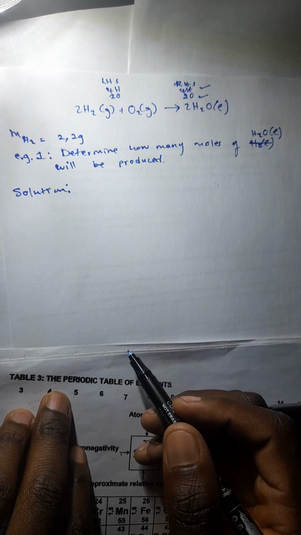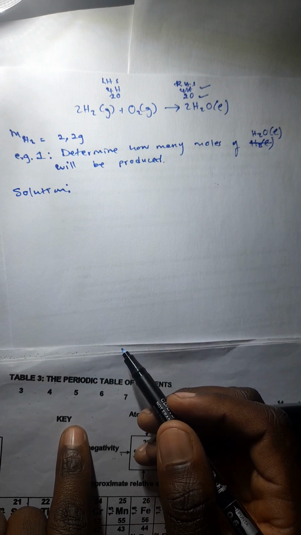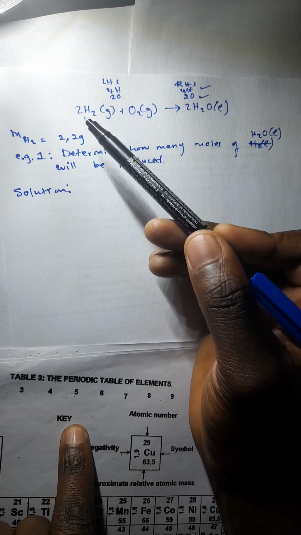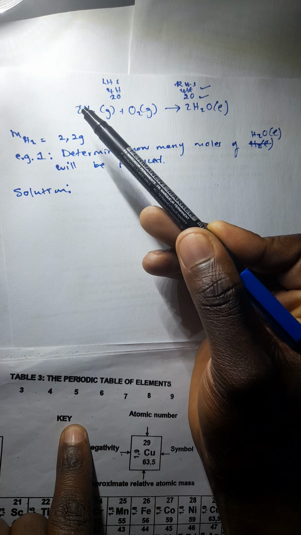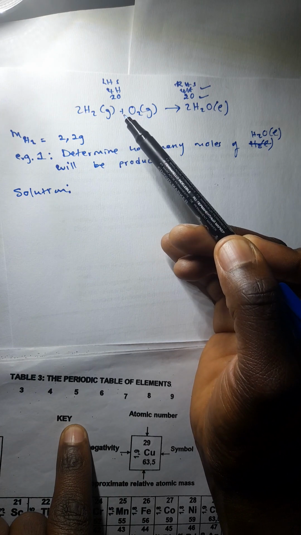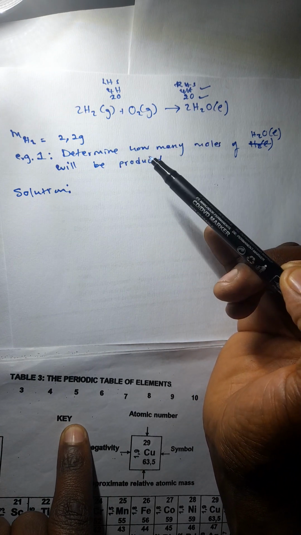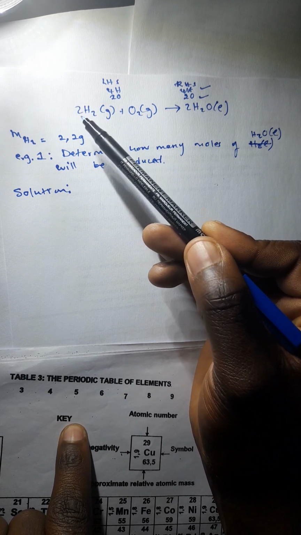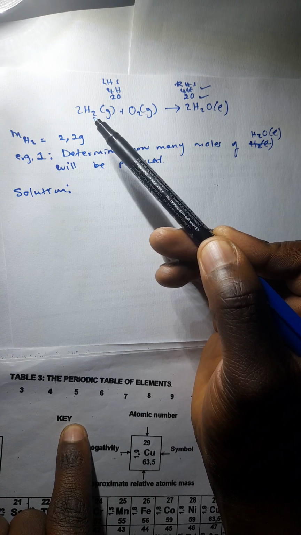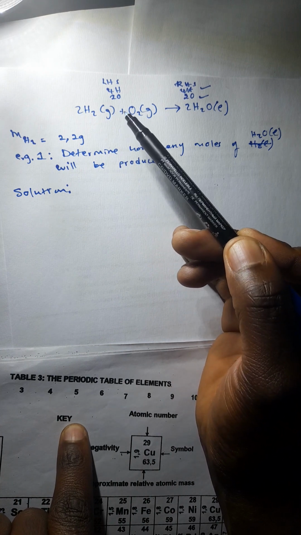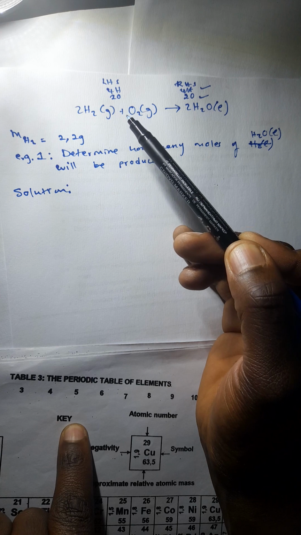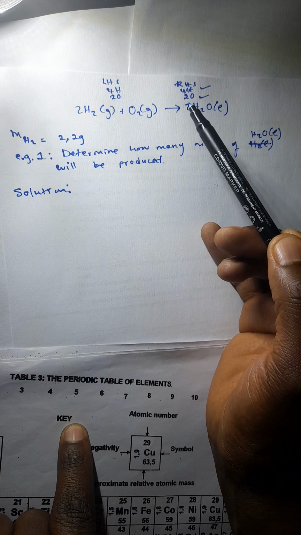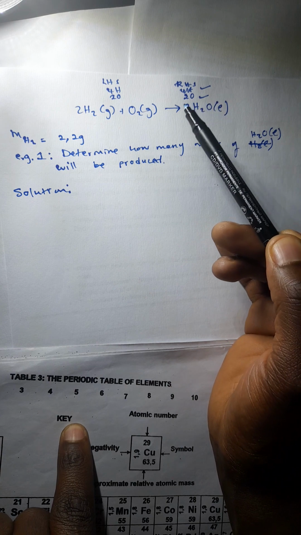I want to present to you a simpler way of reading this chemical equation. See there's a 2 here, there's a 1 here which we don't write, there's a 2 there. Now we are going to read this like this: 2 moles of hydrogen gas reacts with 1 mole of oxygen gas to give you, or to produce, 2 moles of water liquid.